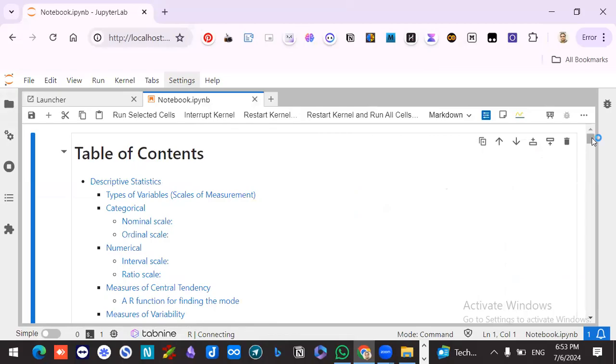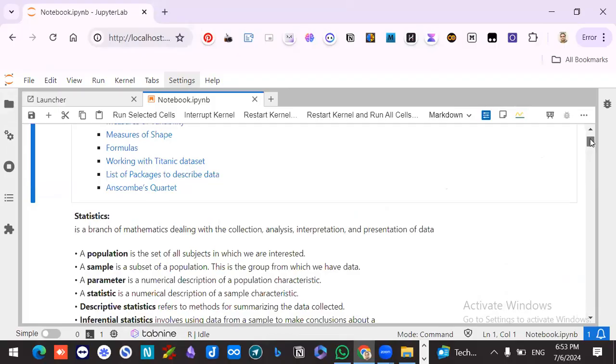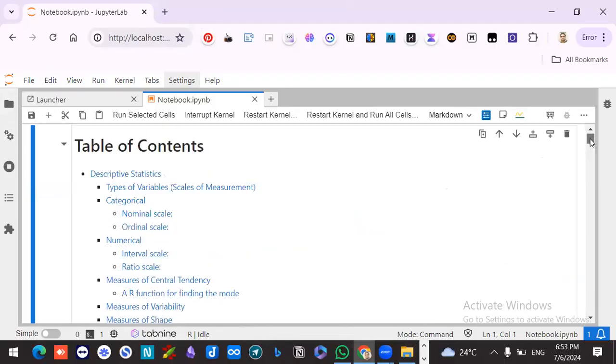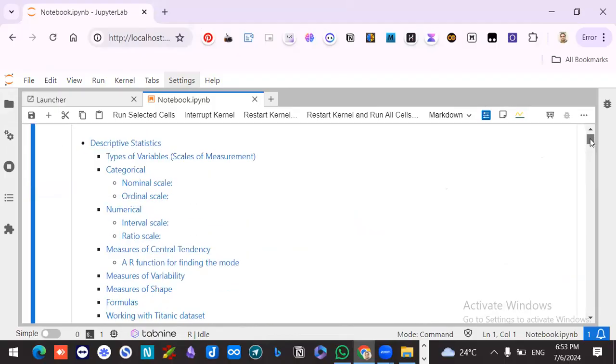First, we understood the very basics, like what statistics is, what it can do, and how it can help in an AI career. We went through variables, the types of variables, and whether they are numerical or categorical. If it is categorical, then what is further the nominal scale and ordinal scale, then interval and ratio.